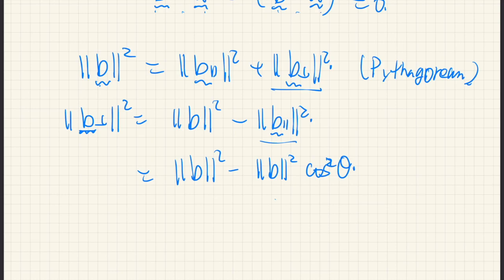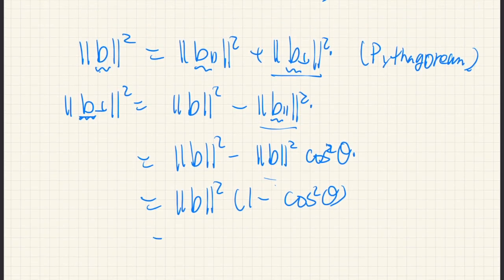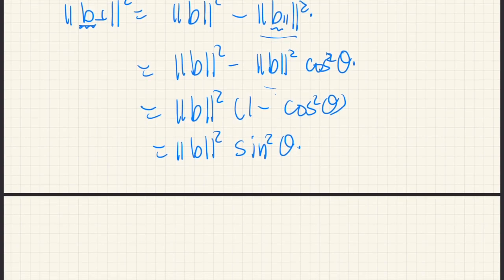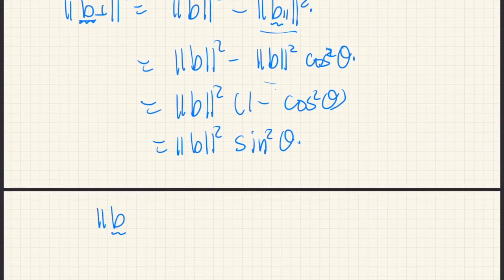That's how we defined B parallel. So this is the norm of B squared times 1 minus cosine squared, which is sine squared. So the norm of B perpendicular is the norm of B times the absolute value of sine theta.